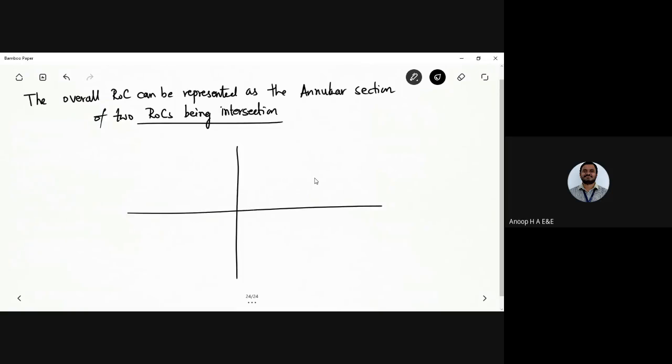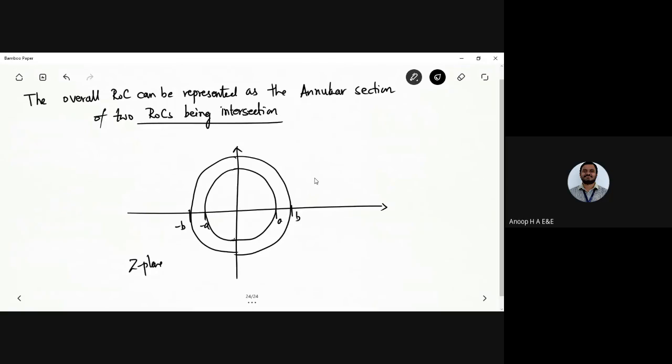To draw the ROC, I can write it like this. I can have Z equal to b here. This is a and this is minus a, in the Z plane, the entire Z plane I'm talking about. This is b and this is minus b, with the imaginary part of Z on one axis and the real part of Z on the other.